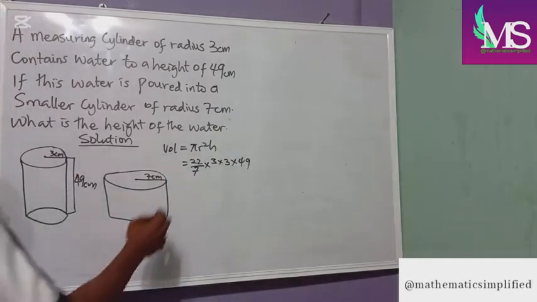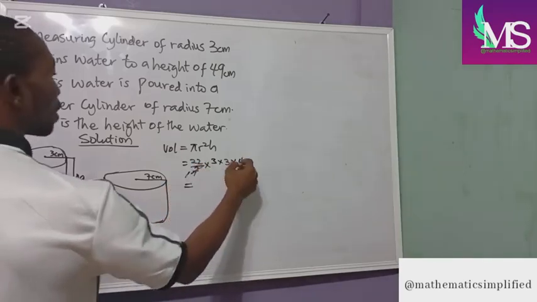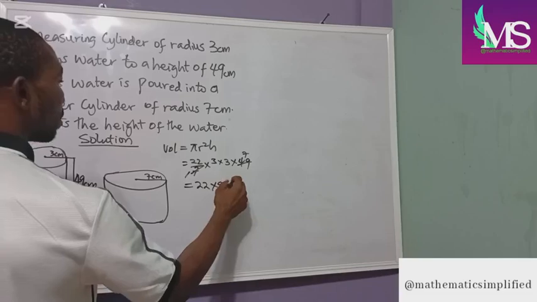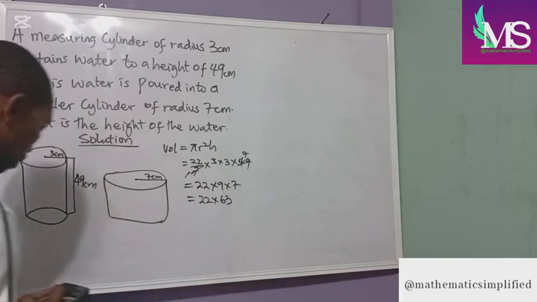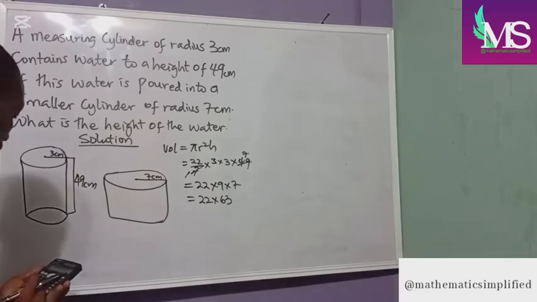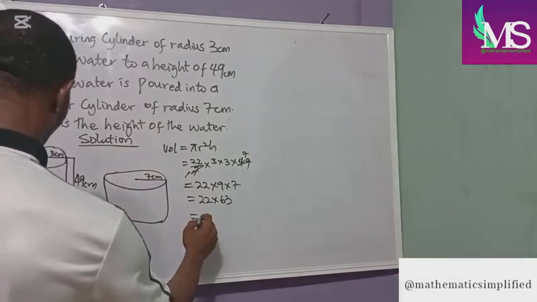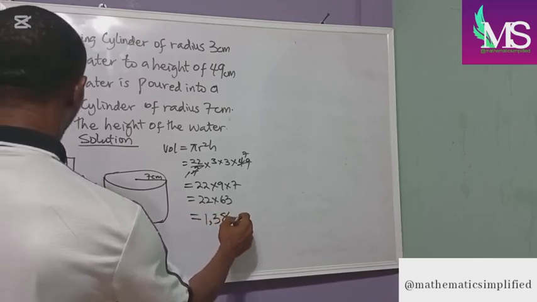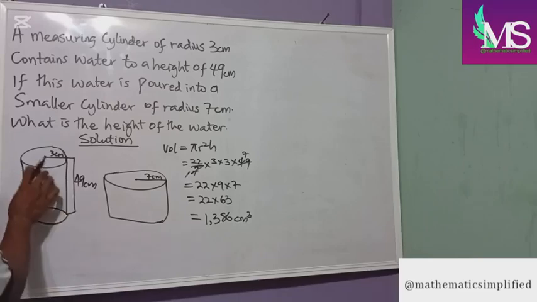Simplifying, this becomes 22 times 9 times 7, which is 22 times 63. So the volume of water here will become 1,386 cm cube. That's the volume of water in here.